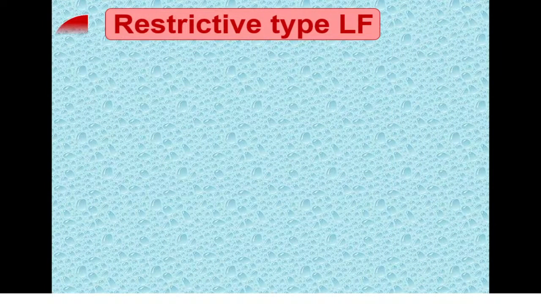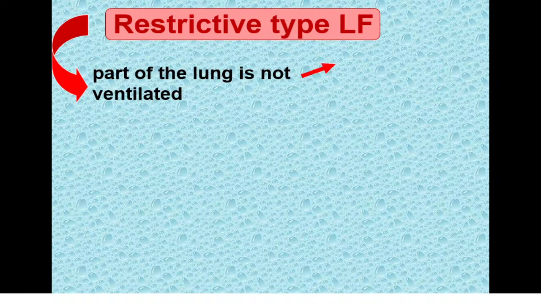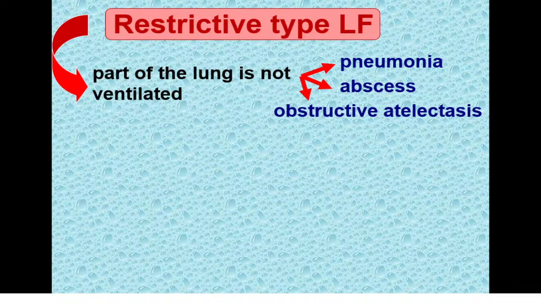Restrictive type of lung failure is characteristic for the patient with affection of alveoli. It may be result of pneumonia, about which we spoke today. It may be result of lung abscess with formation of cavity or obstructive atelectasis.